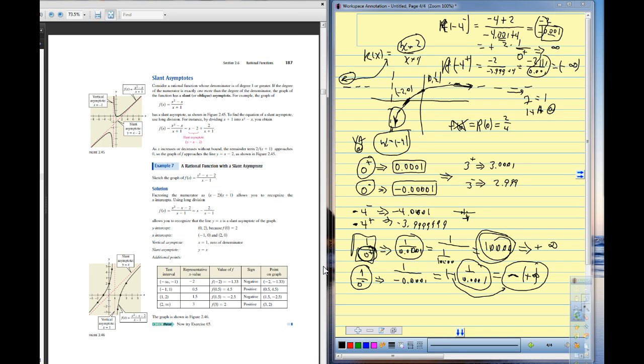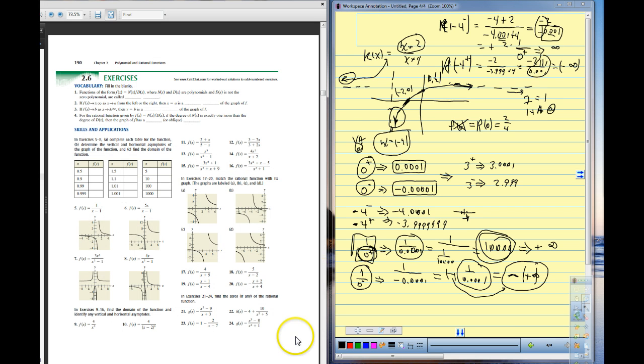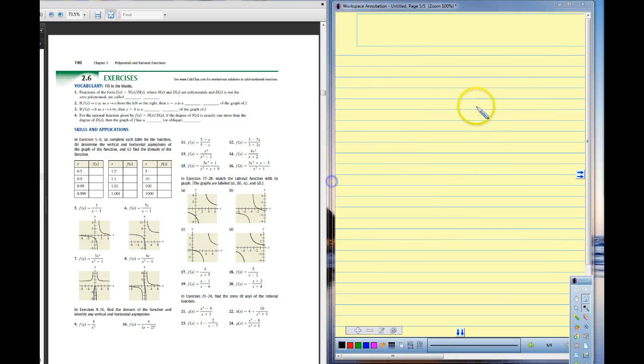Let's look at our book now, and let's go down to the problems and figure out what we want to do for homework. Here I'm going to add in a homework page. For homework today, I want you to do page 190, problems 1 to 4.